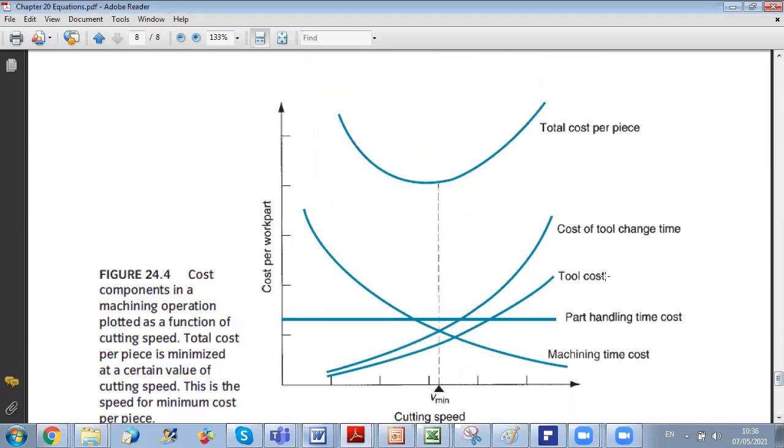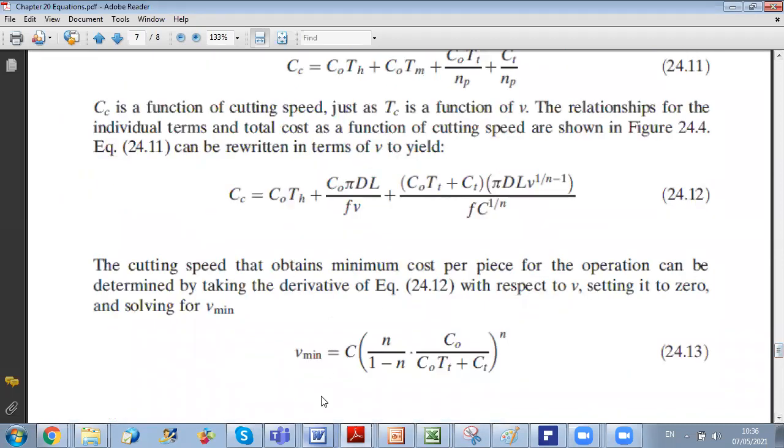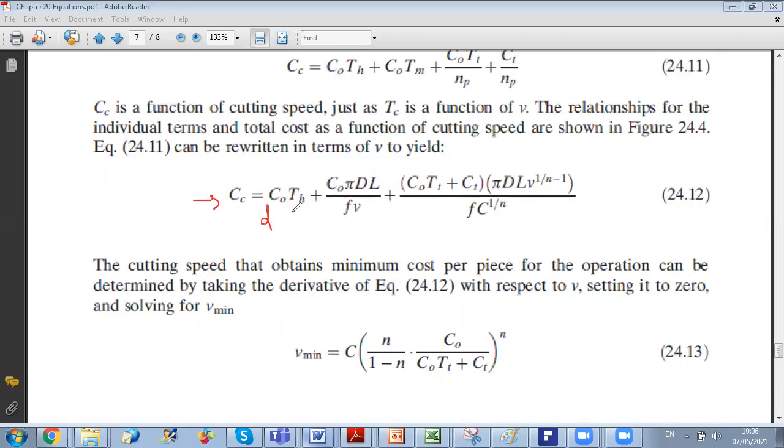Now, as we did previously, if you want to find analytically the velocity that will minimize the cost, all you have to do is derive this expression. This is a function of V. If you derive it with respect to V, dC/dV equal to 0, then you can get the velocity which will give me the minimum cost.